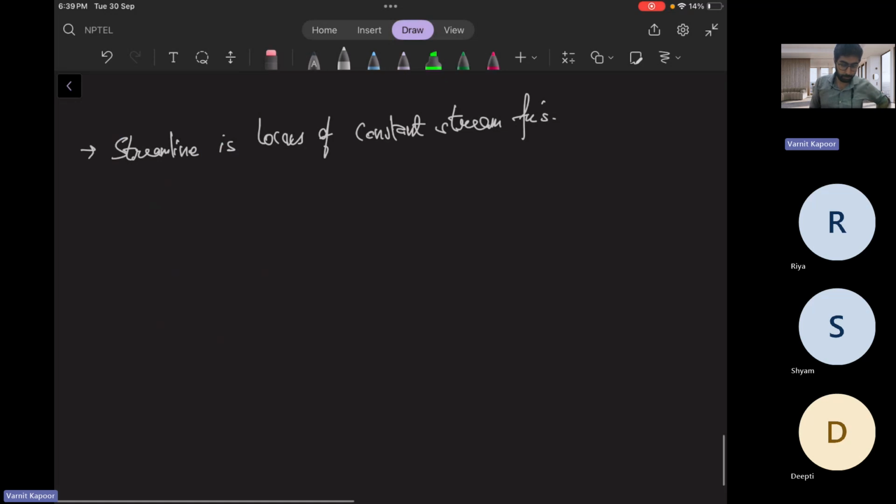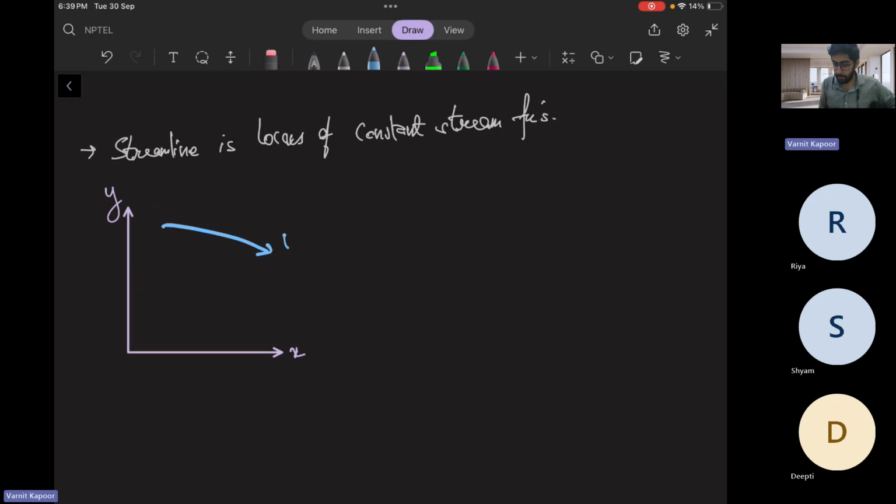Let us do it. Suppose x is like this, y, x. Suppose I have two streamlines, psi 1, psi 2, of some arbitrary shape. This is point A, this is point B. Let us draw some projections of it.